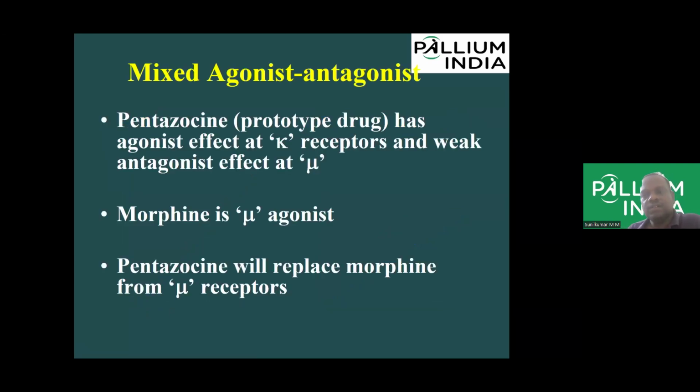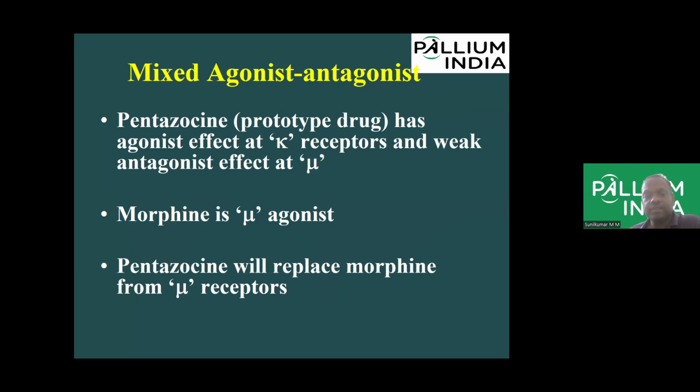So now we will come back to our patient who is on morphine 50 milligram, and you have injection pentazocine and morphine. So what is the action of pentazocine on receptors? It is an agonist at the kappa receptor, whereas a weak antagonist at mu. What is morphine? Morphine is a pure mu agonist.